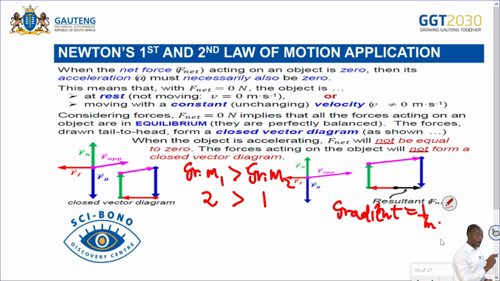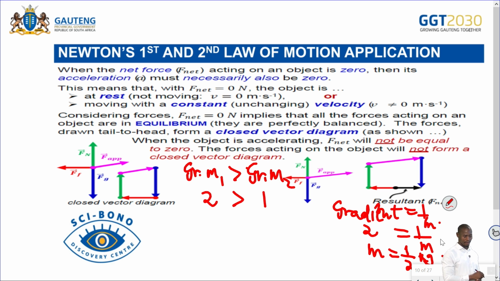So if I want to get the mass now, right? So the gradient of M1 is 2, which is equals to 1 over M. So my M here will be 1 over 2 kilograms. Okay? The mass. That is for M1. M2.